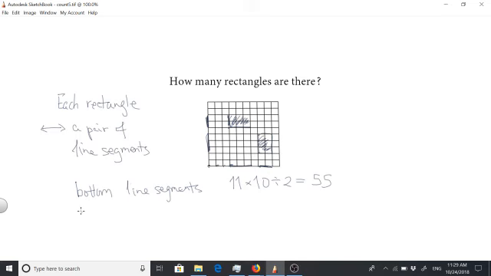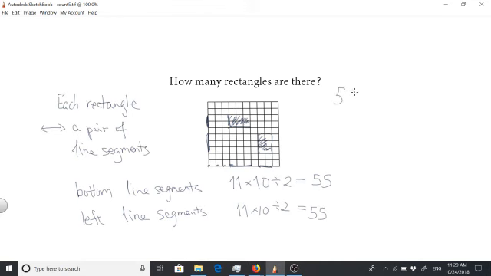And the number of line segments to the left will be the same actually, 11 times 10 divided by 2, because it's a square here, so it is 55. So how many rectangles are there?